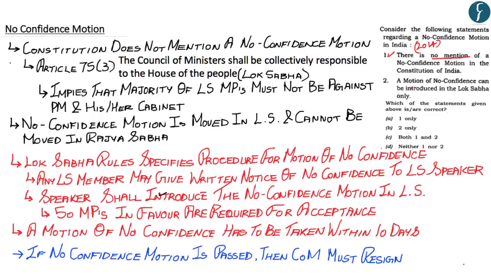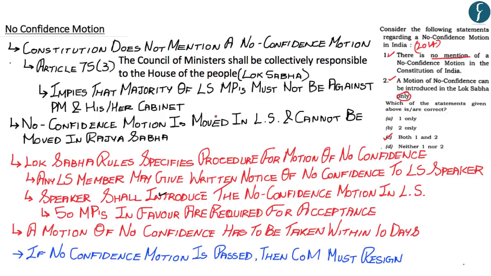The second statement states that a motion of no confidence can be introduced in the Lok Sabha only. Similarly, you also understand that a motion of no confidence cannot be introduced in the Rajya Sabha, and therefore the second statement is also correct. Therefore the correct answer to this question would be both 1 and 2. So hopefully you understand the basics of the no confidence motion.